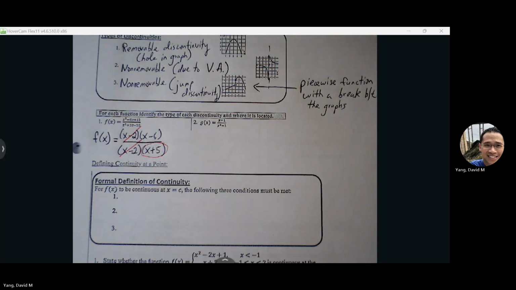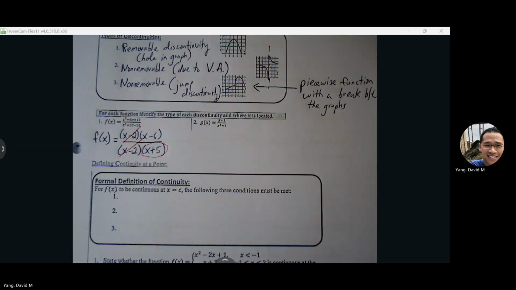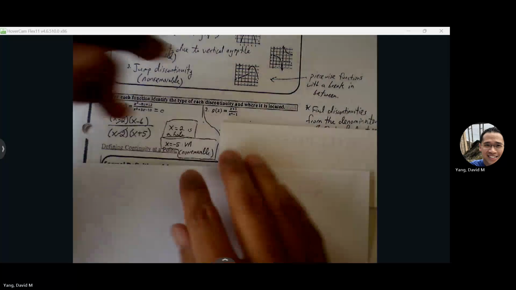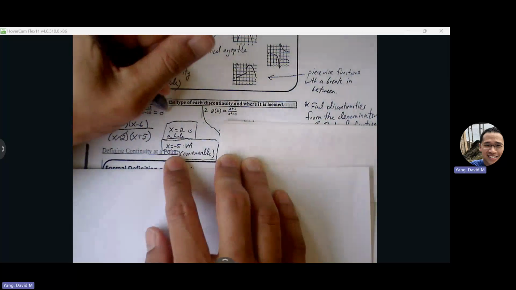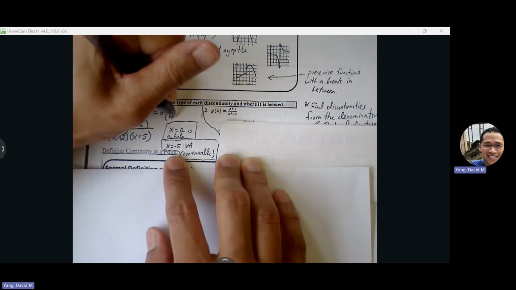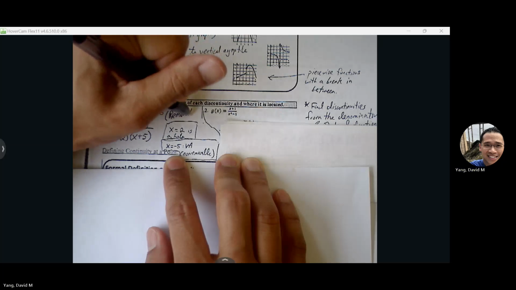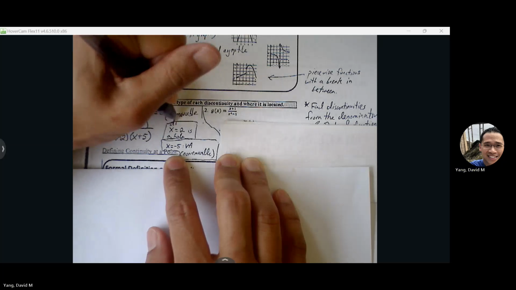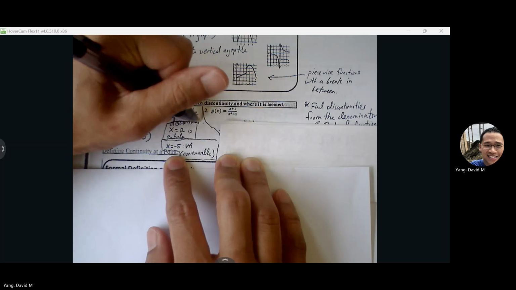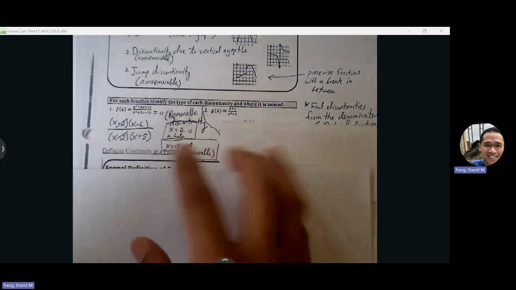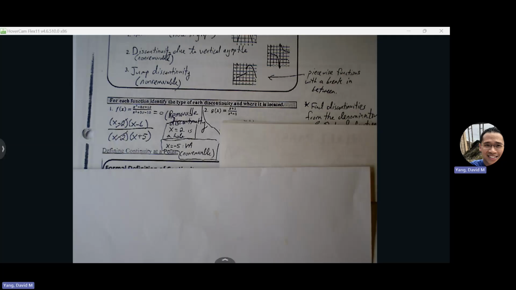Okay. So we can say x equals 2 is a removable discontinuity. And x equals -5 is a vertical asymptote, a non-removable discontinuity.